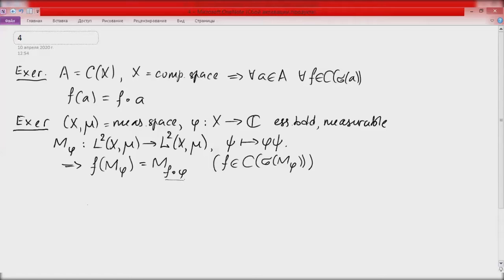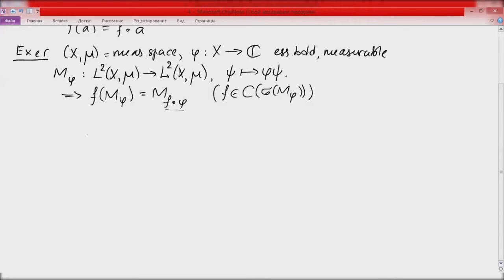Okay. Let's now continue to study some general properties of the functional calculus. Our next goal will be to show that the functional calculus is continuous as a function of two variables.